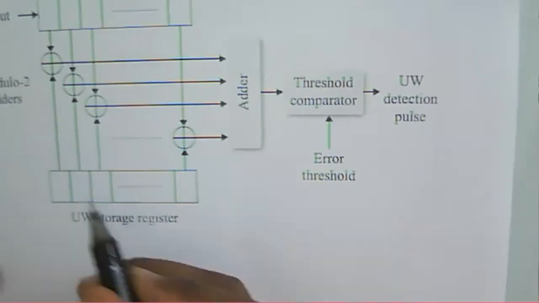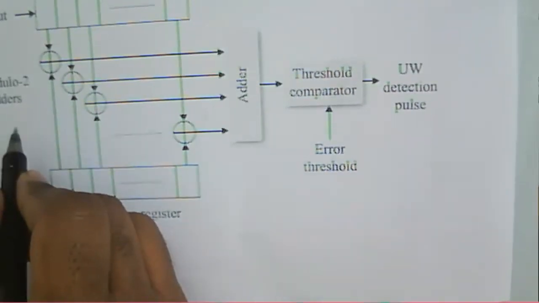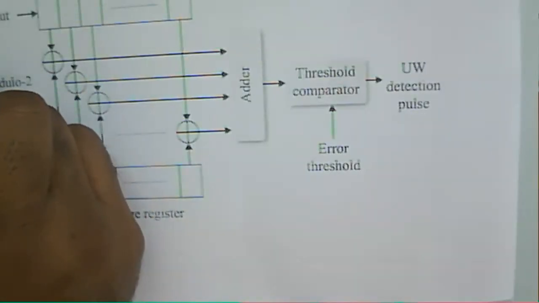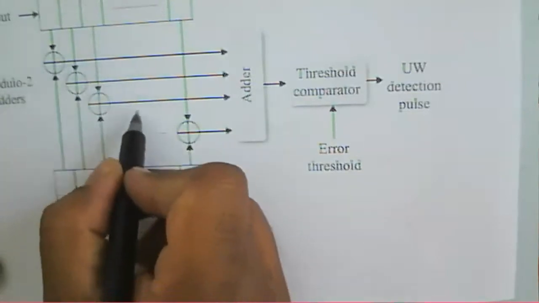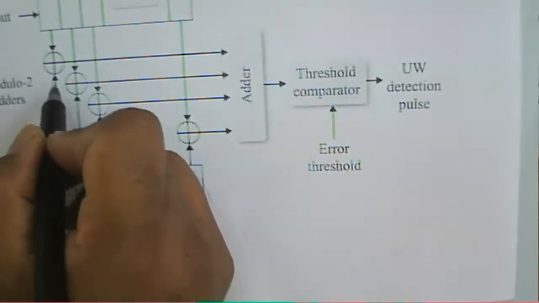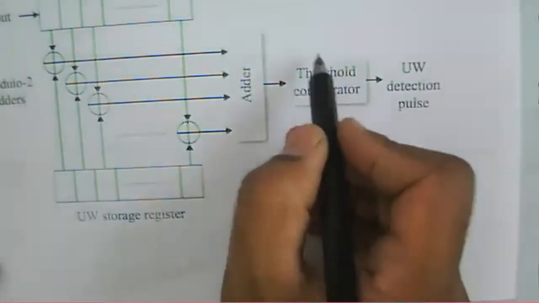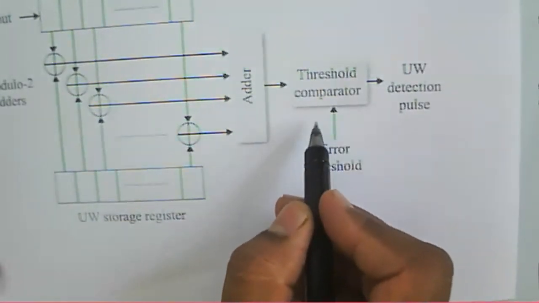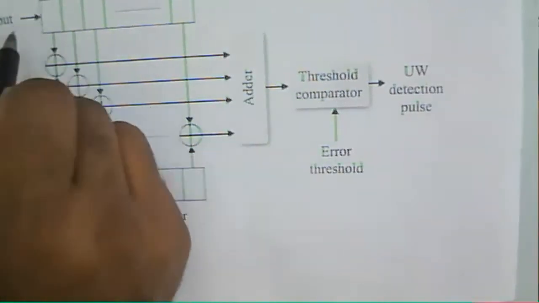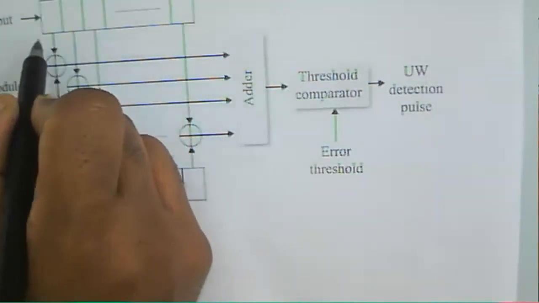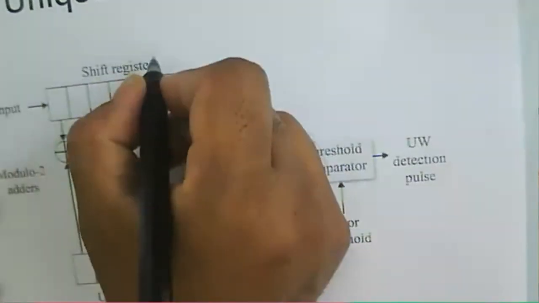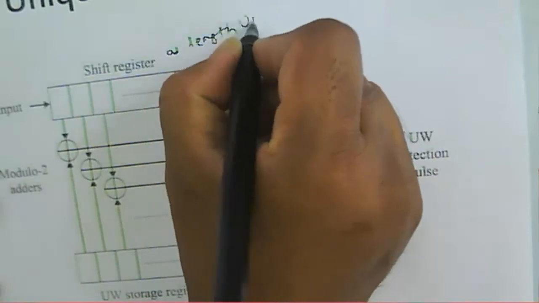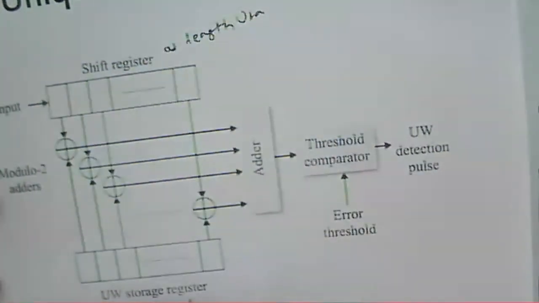So if you consider that it has just like a shift register, it has a modulo adder here, it has a threshold comparator here, and the length of this particular shift register is the same as the length of that unique word, because we have the unique word storage register here.